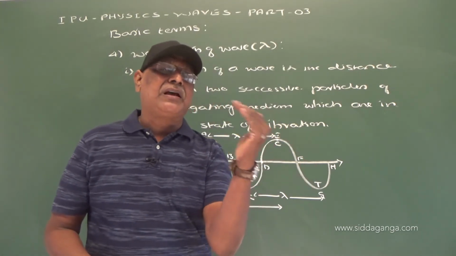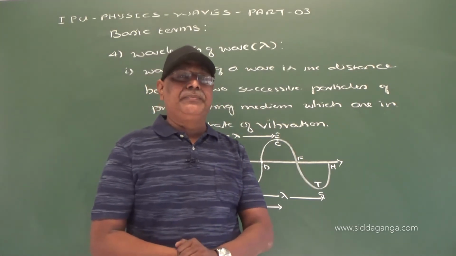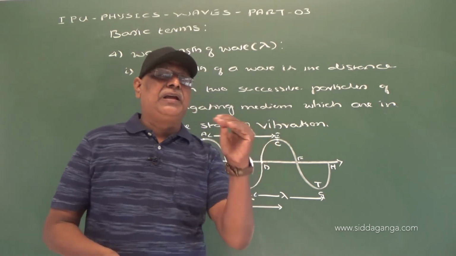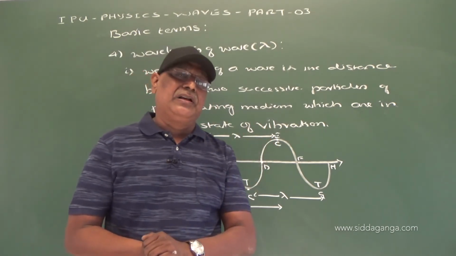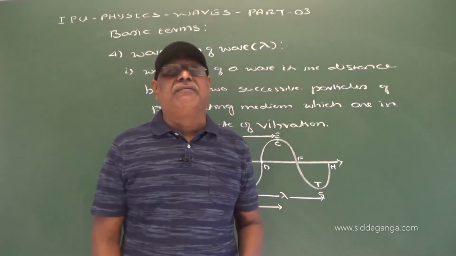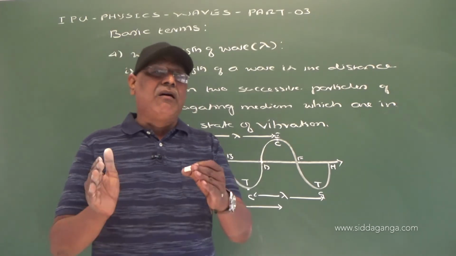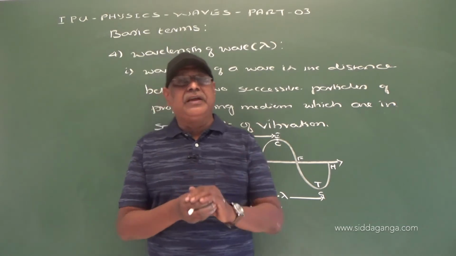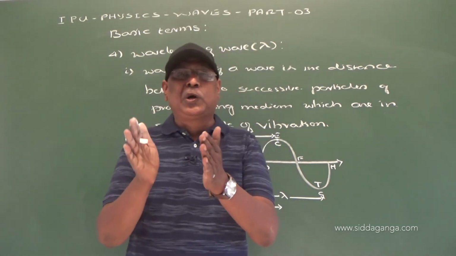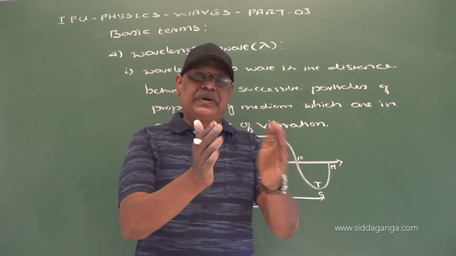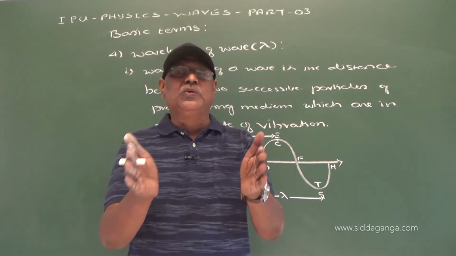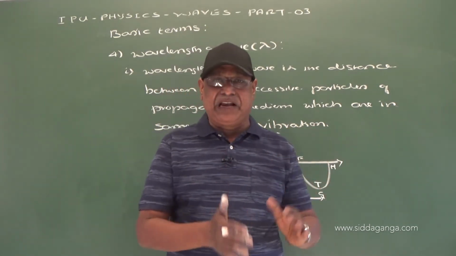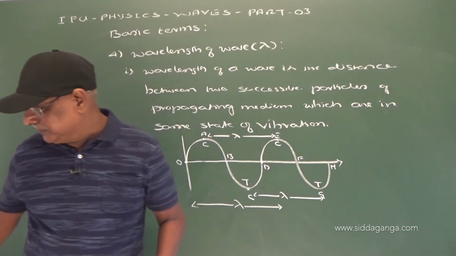In a longitudinal wave, a crest can be compared to a compression and a trough can be compared to a rarefaction. Therefore, in a longitudinal wave, the wavelength is the distance between two successive compressions or two successive rarefactions. Is that clear?